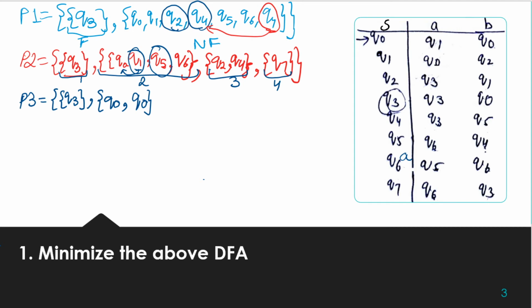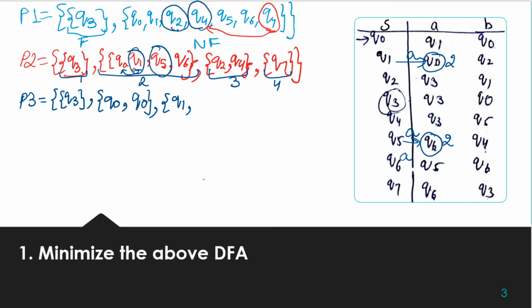Now Q1 and Q5 are not placed, so we are starting a new group with the first element Q1. Let's check the compatibility of Q5 with Q1. From Q1 we are moving to state Q0, and from Q5 we are moving to state Q6 for input symbol A. Q0 and Q6 are part of the same group in partition 2, they both are part of group 2.